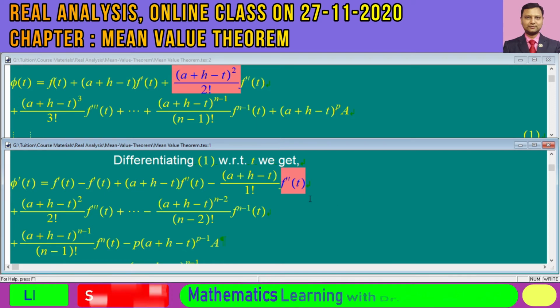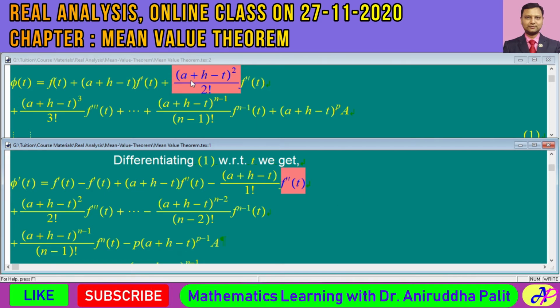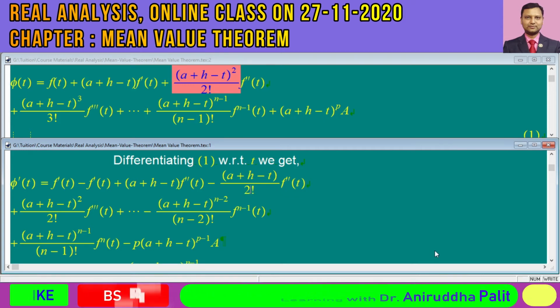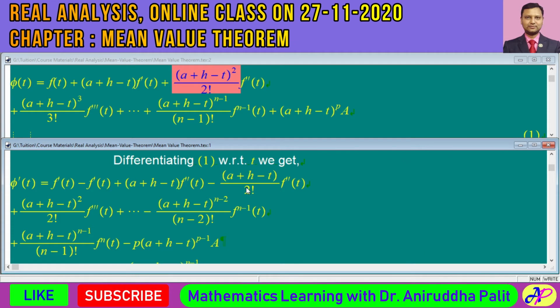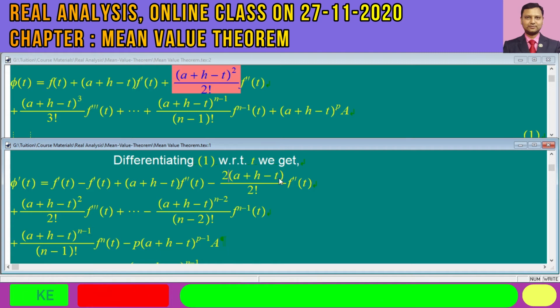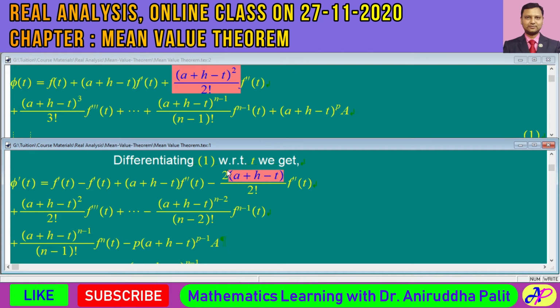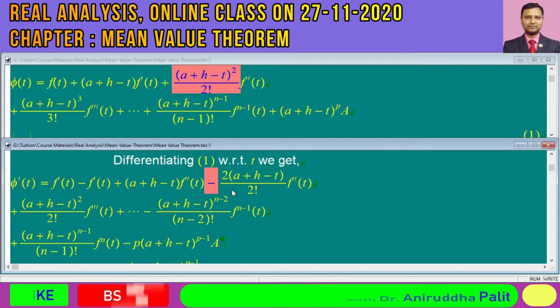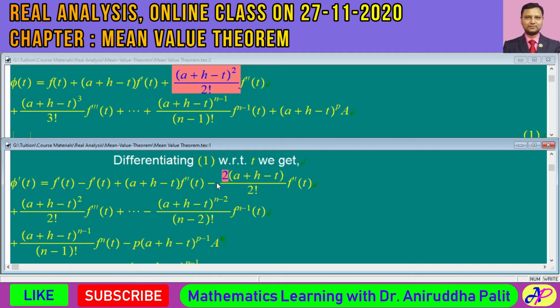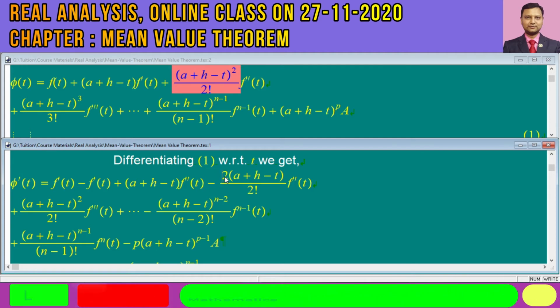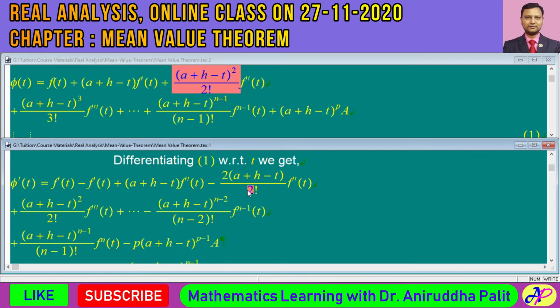We will have an expression 2 into a plus h minus t, and again by chain rule, whenever a plus h minus t is differentiated with respect to t, a negative sign, minus 1, appears. The 2 gets cancelled with the factorial of 2, so we have only factorial of 1.